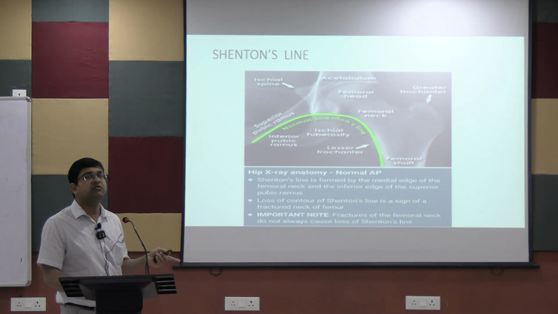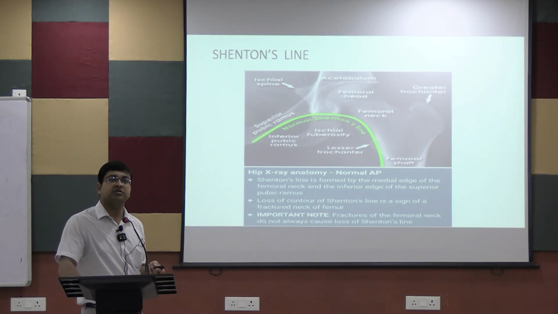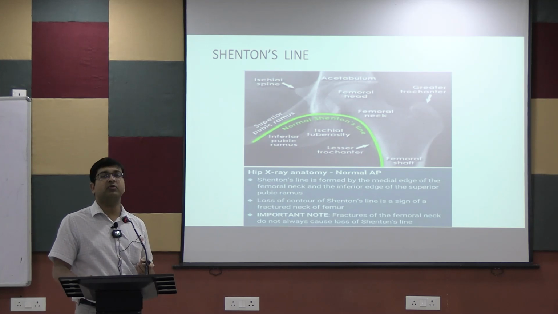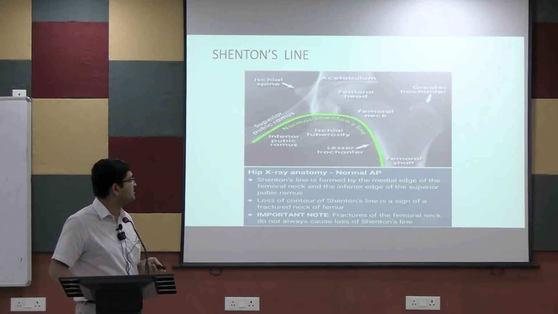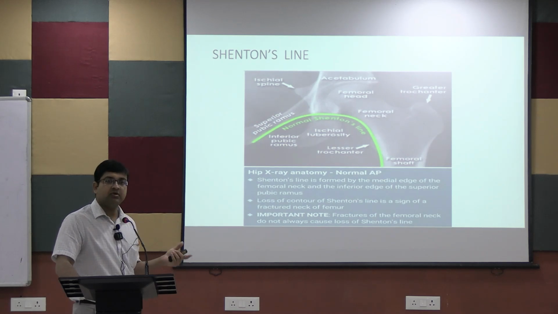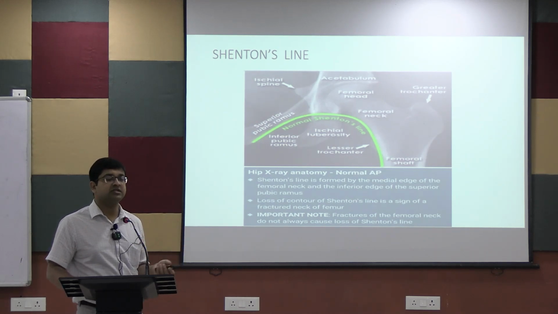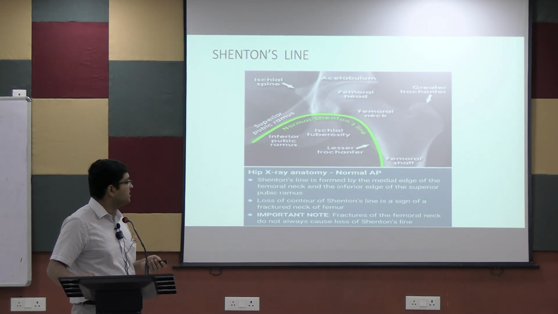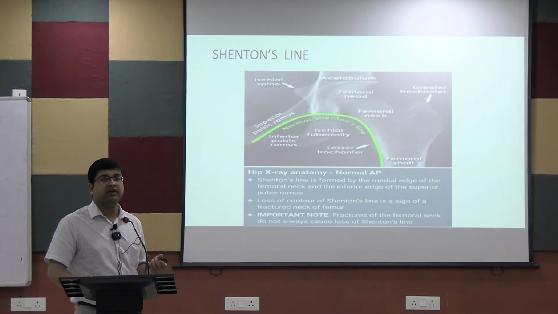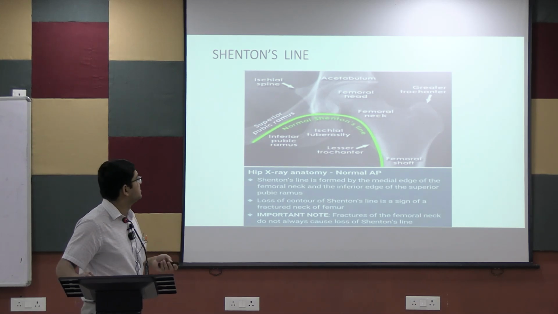Next is fracture neck of femur, where the Shenton's line is broken. Another pediatric condition is developmental dysplasia of hip, DDH, where you can also find a broken Shenton's line. So any disruption of the Shenton's line, you will suspect a fracture neck of femur.